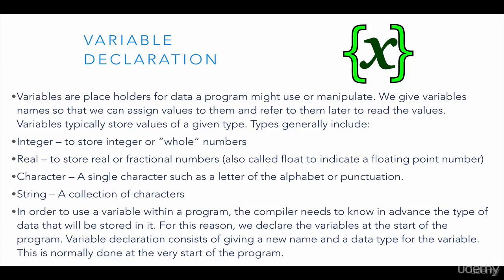So in Java, in order to actually create a variable, first we need to give our variable a data type. For example, an integer, a float, character, a string, double, okay, a data type. First, a data type.